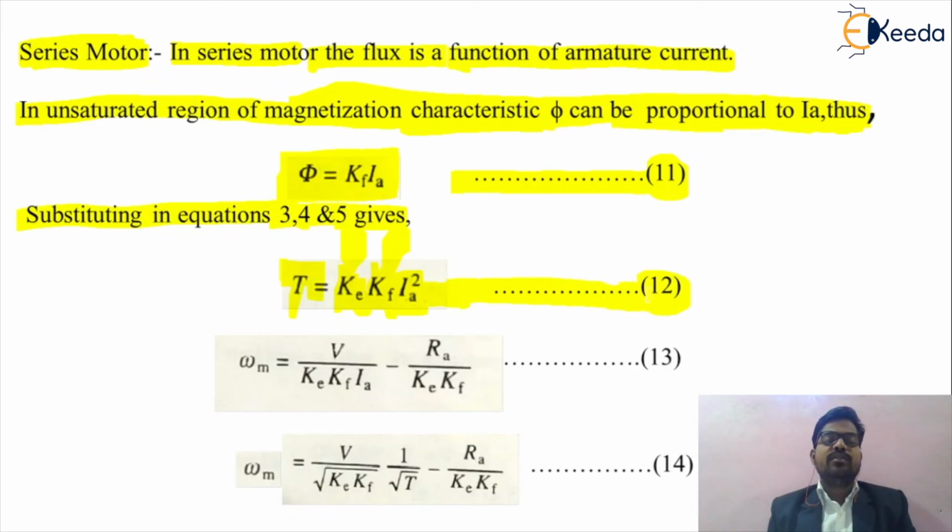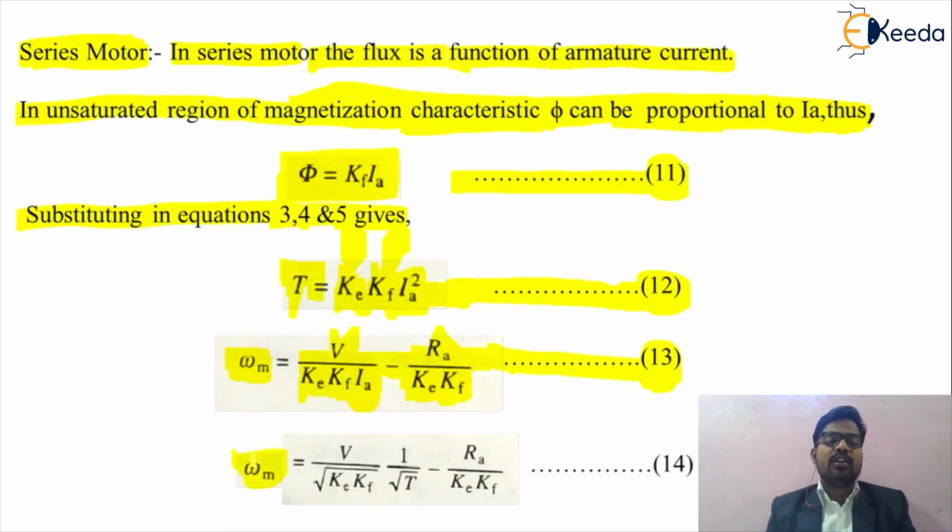So from equation number 12, we are getting again the torque speed relation: omega m is equal to V divided by Ke Kf Ia minus Ra divided by Ke Kf. So this is equation number 13. Now we can replace the value of this Ia by torque.